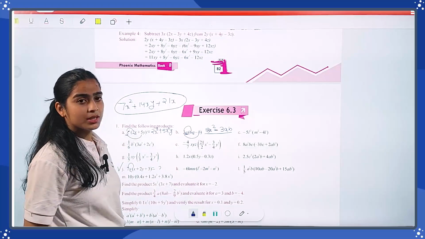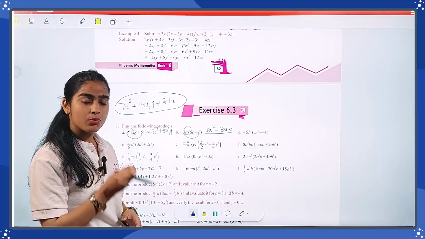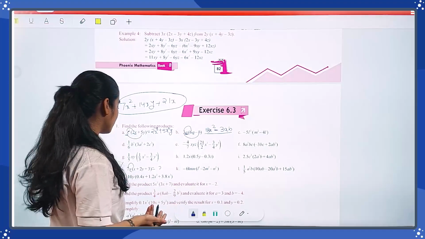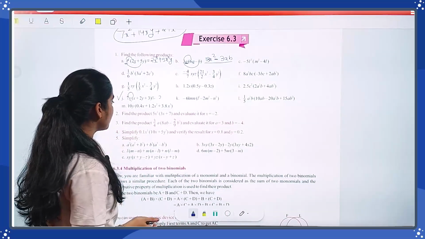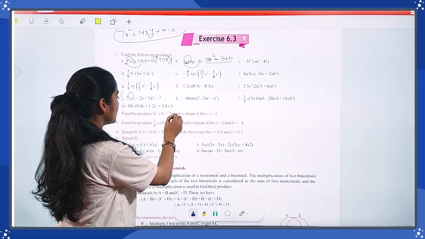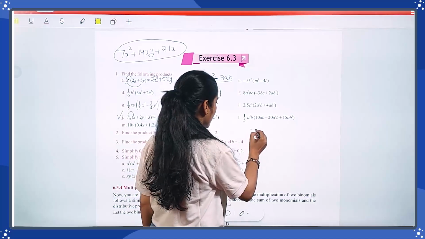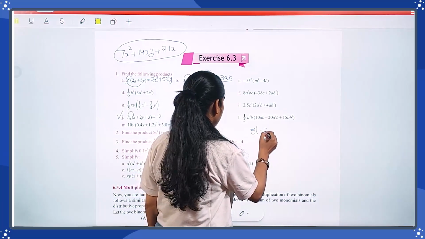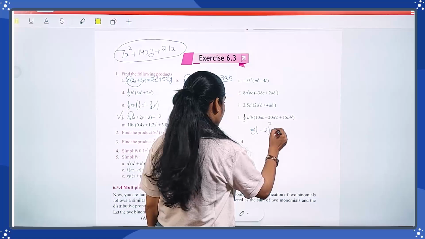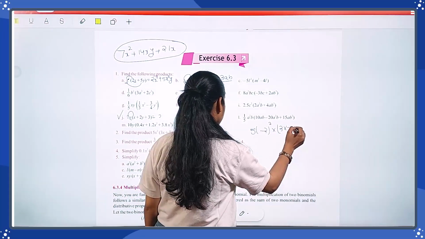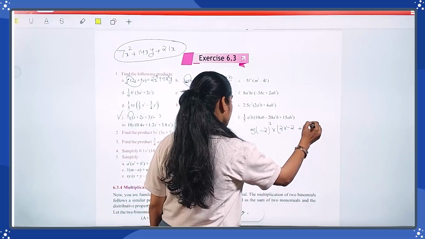This is so simple. Now you just have to multiply the outside number with each and every number inside the bracket. That's it. Now find the product 5x square in bracket 3x plus 7 and evaluate it for x equal to minus 2. So 5 times minus 2 square, multiply 3 multiply minus 2 plus 7.